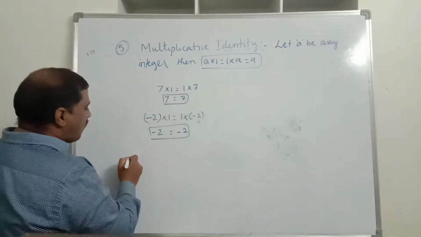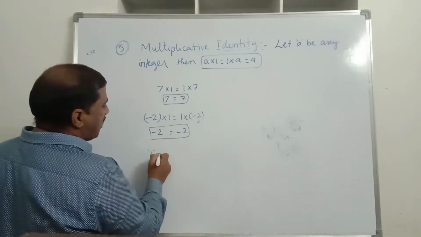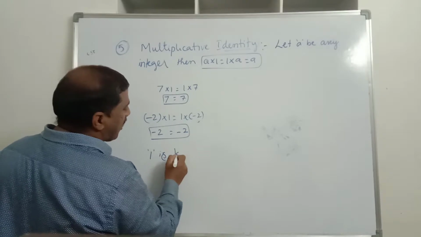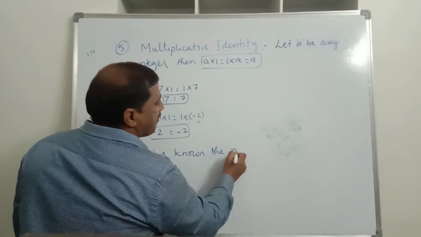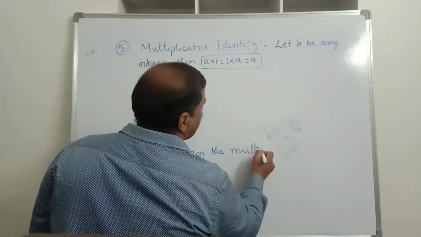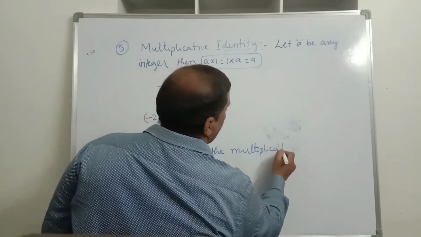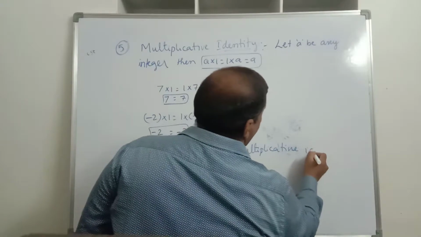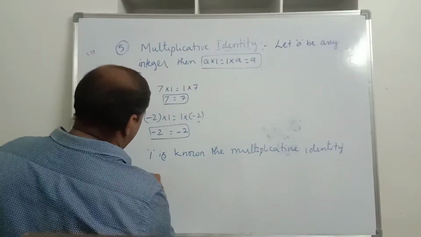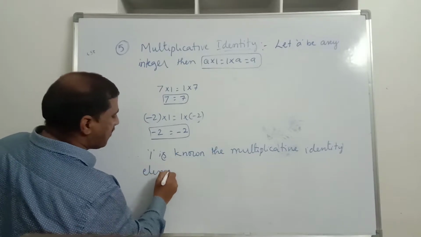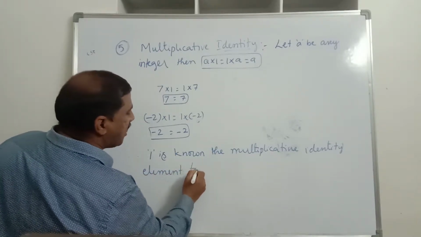Therefore we can call 1 the multiplicative identity element for integers.